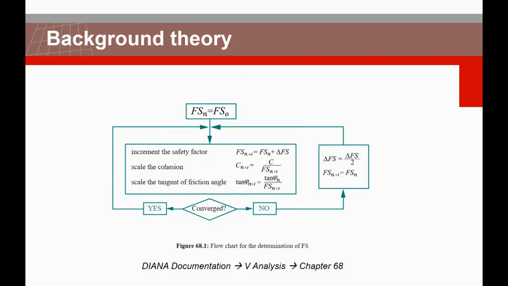And in general, it is used for geotechnical analysis. You can also see here in this example, there is also scaling the cohesion and the friction angle. So it already shows that, at least originally, it's used for geotech applications. But now it can also be used for concrete, only then the tensile strength.